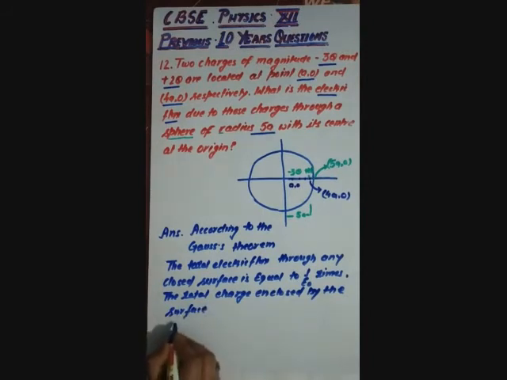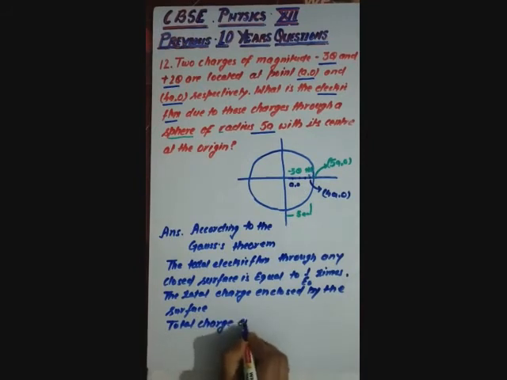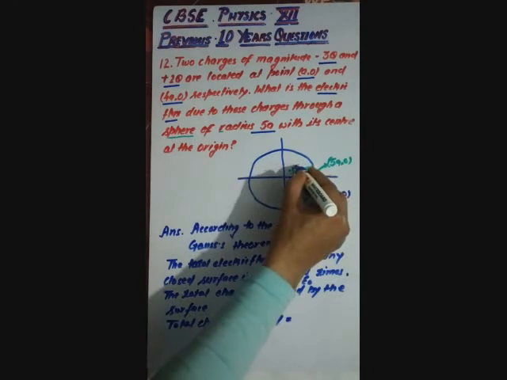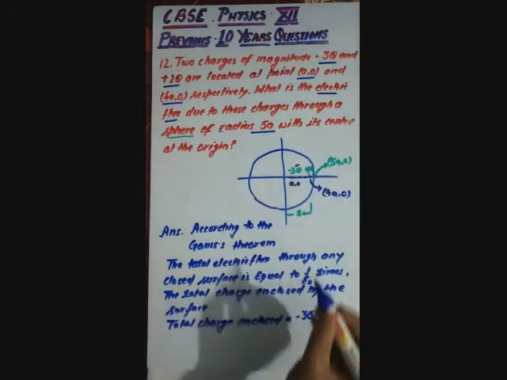Total charge enclosed equals negative 3q and positive 2q.